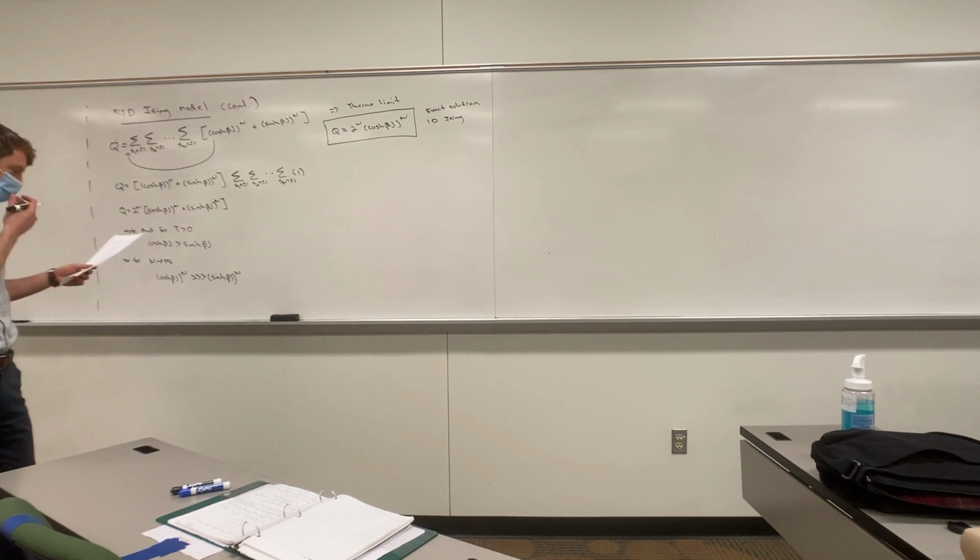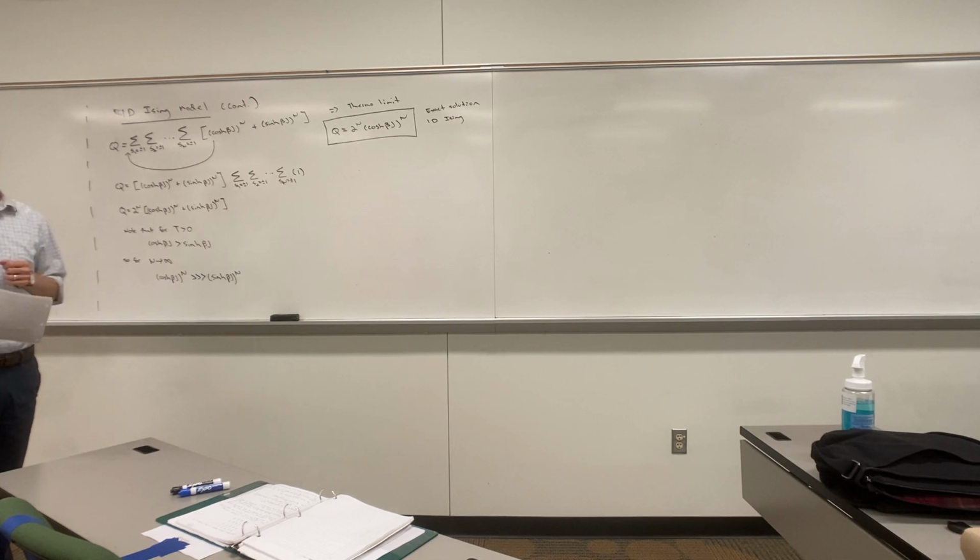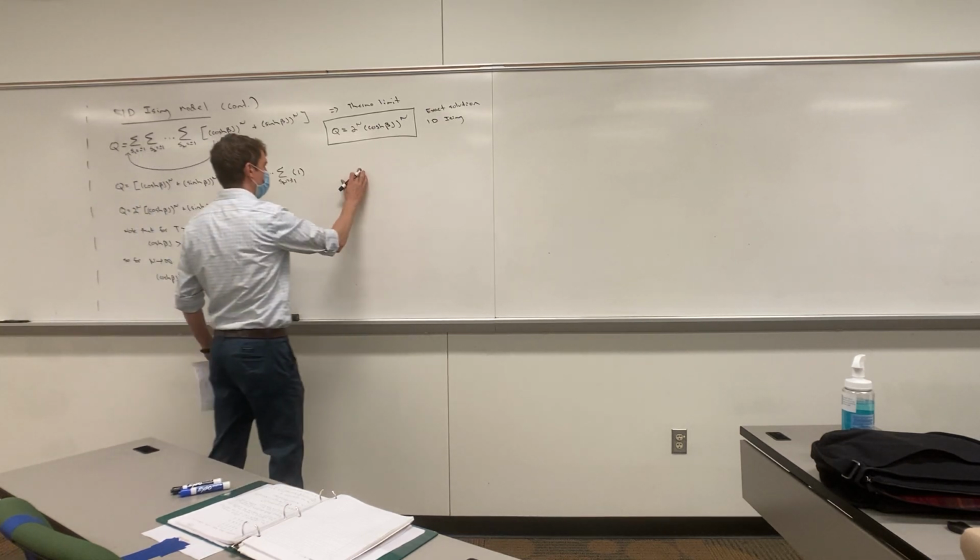Okay, so this is the exact solution, and the whole point of doing the Ising model is to understand phase transitions. And so we solved for the partition function. Does that tell us anything about phase transitions? So what about phase transitions?